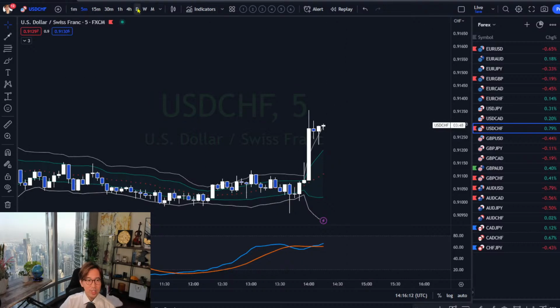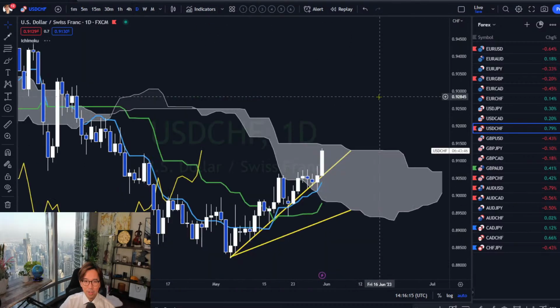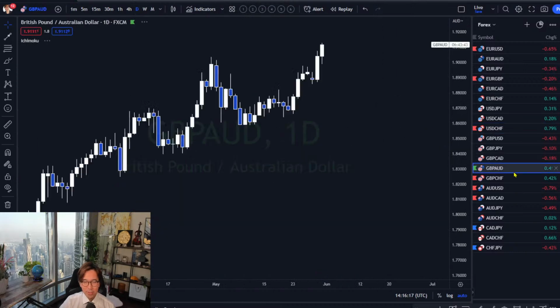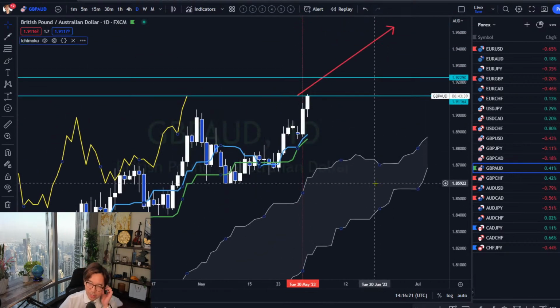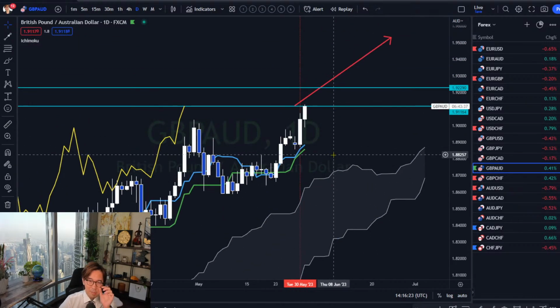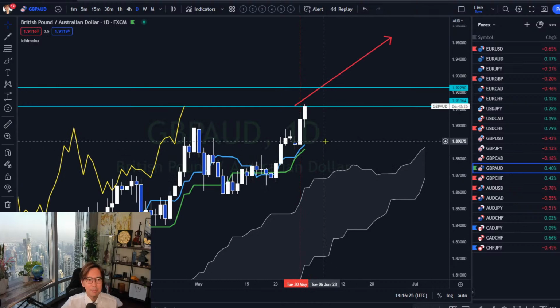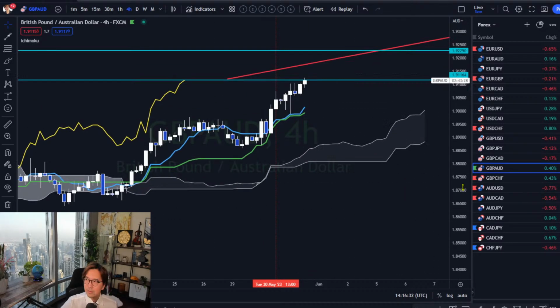So again, USD Swiss franc I was monitoring today, and then pound AUD also is bullish now. So yeah, this is another market to trade. Pound AUD daily chart is now bullish, and 4 hour is also bullish now.